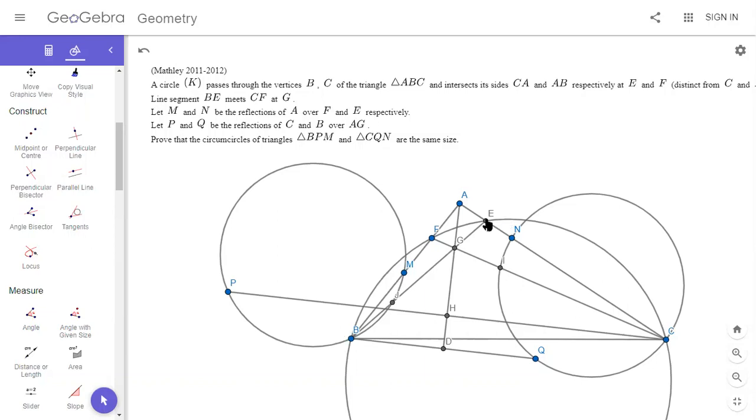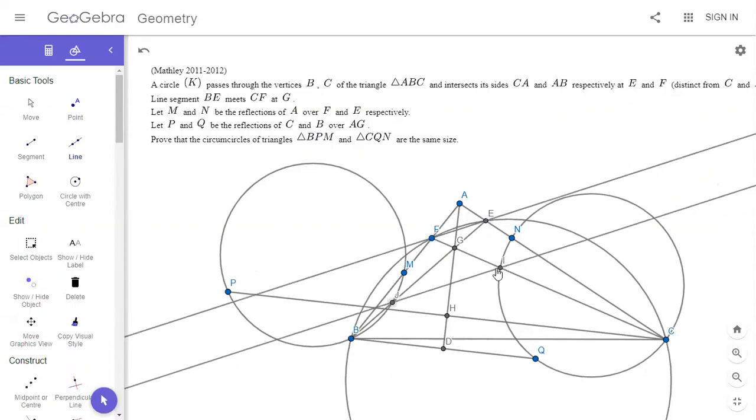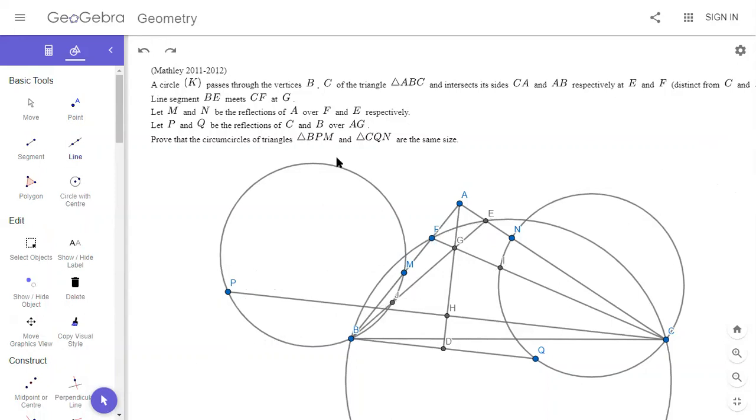You know that angle JBC is equal to angle EFC. So we want to show angle EFC. Basically, we want to show EF and IJ are parallel. It's kind of interesting. We want to show EF and IJ are parallel.